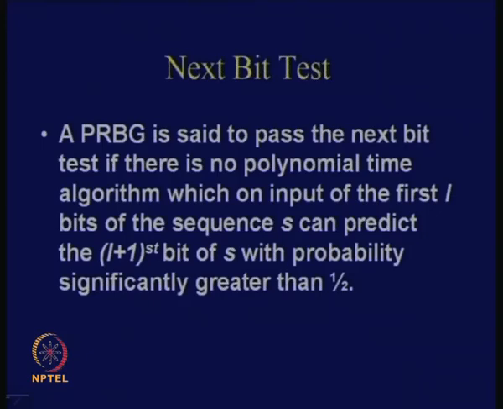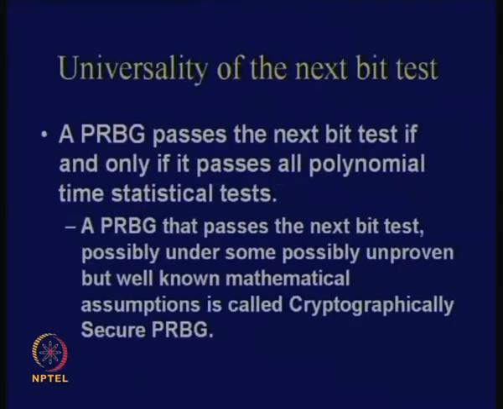The idea is that a pseudorandom bit generator passes the next bit test if and only if it passes all polynomial time statistical tests. A pseudorandom bit generator that passes the next bit test, possibly under some unproven but well known mathematical assumptions, is called a cryptographically secure pseudorandom bit generator.